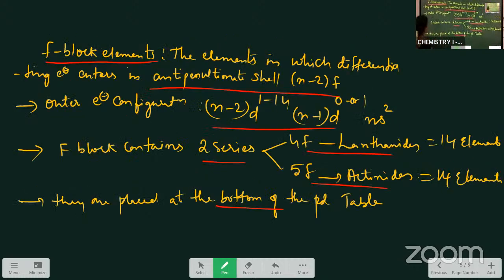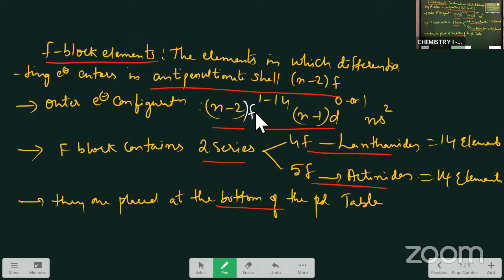The next is the f block, the elements in which the differentiating electron enters into the anti-penultimate shell, which is nothing but the (n-2)f shell. The outermost electronic configuration is (n-2)f 1 to 14, (n-1)d 0 or 1, ns2.